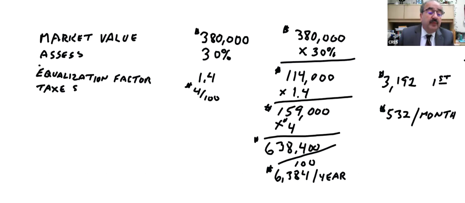And let me give you another problem. A property has a current market value of $425,000.